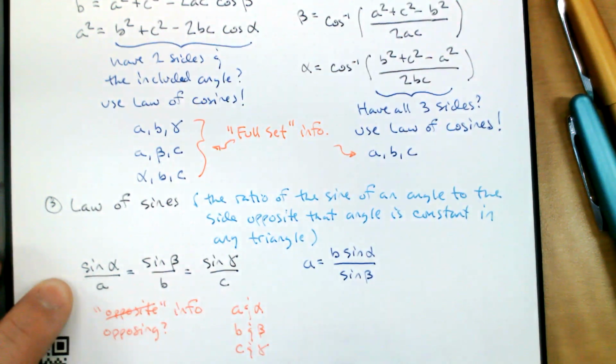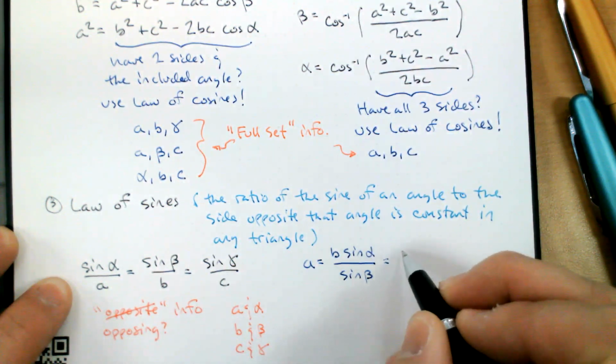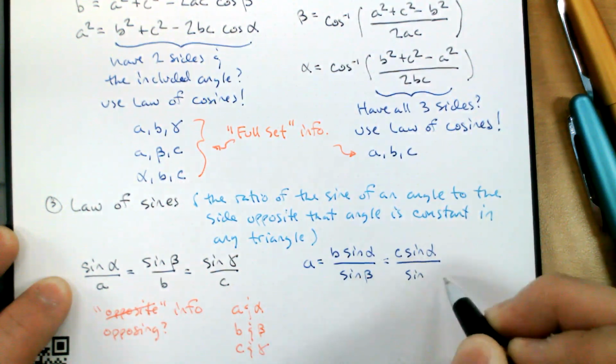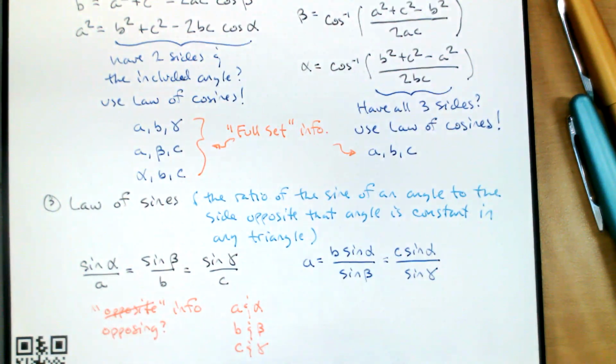Or I could solve for A with gamma and C. A could be C sine alpha over sine of gamma. The important thing to note is that the opposing pairs are always on top and bottom. They're never mixed together. You're never going to have B sine beta. You're not doing proportions right if you have B sine beta. If you're using B, then sine beta is going to be in the denominator.